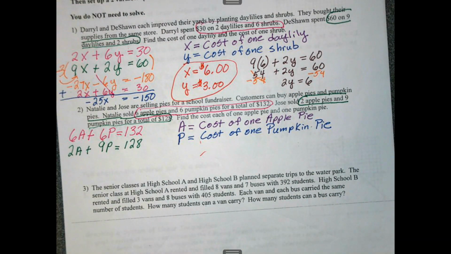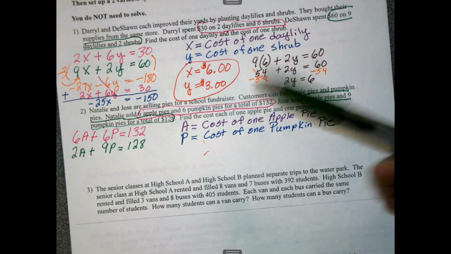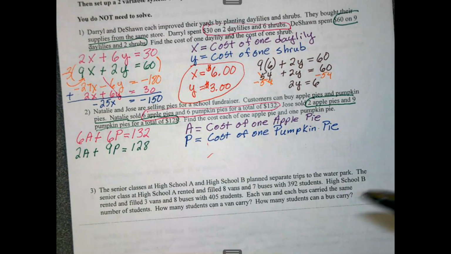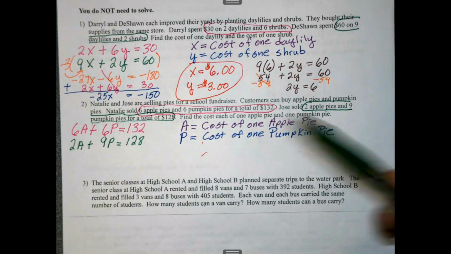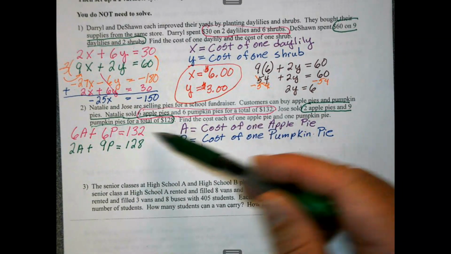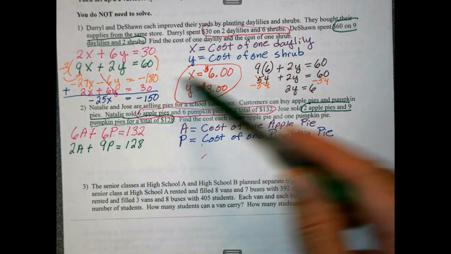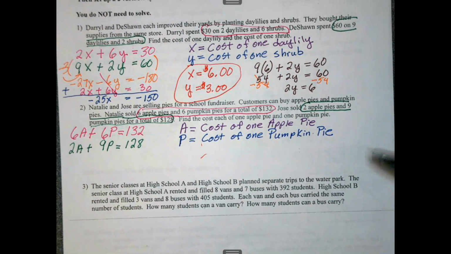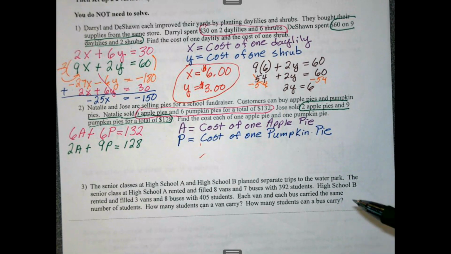And there I completed what the directions told me to do. I clearly defined my variables and I set up a system. That's what we mean by the difference between setting up and completely solving it. So I'm done with that problem.